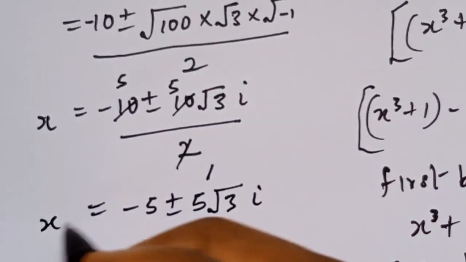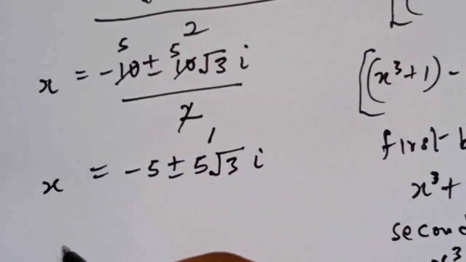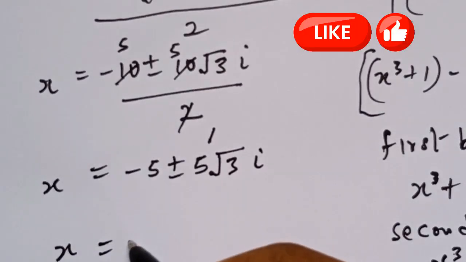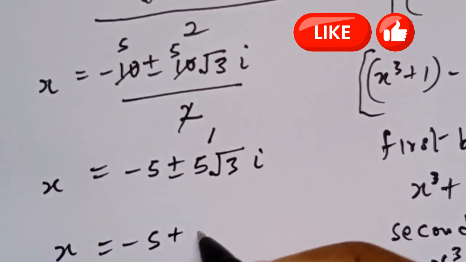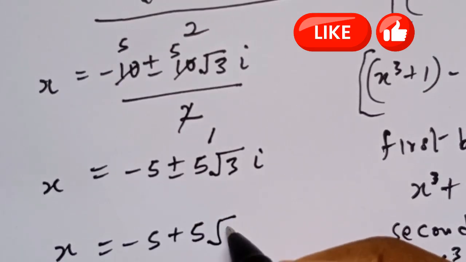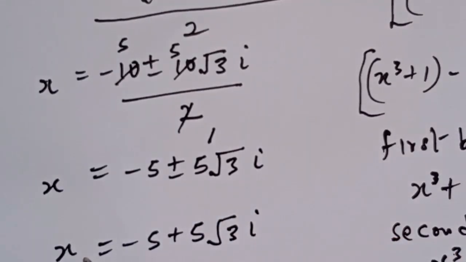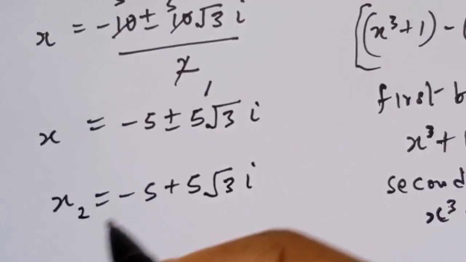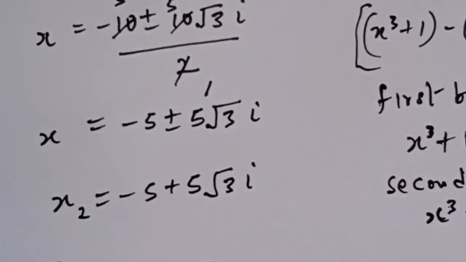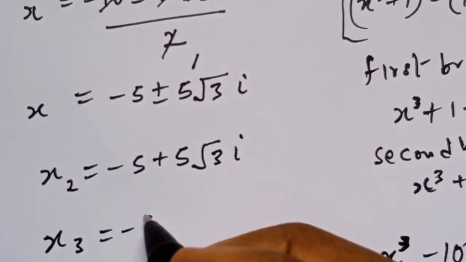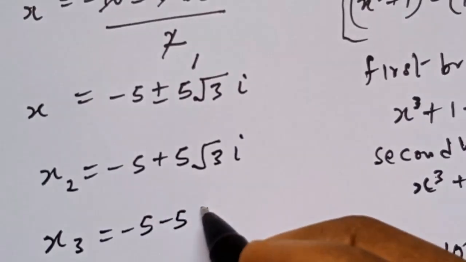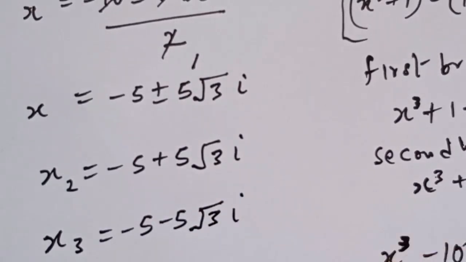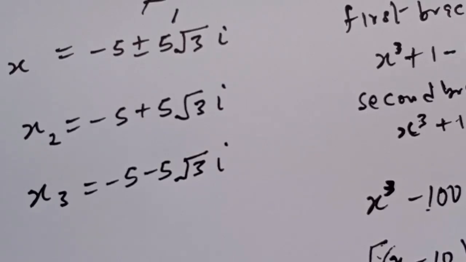So x can be written as x equals minus 5 plus 5 square root of 3i. This can be called x2. The other value of x will be x3, which equals minus 5 minus 5 square root of 3i. Okay, we have now gotten 3 values of x.